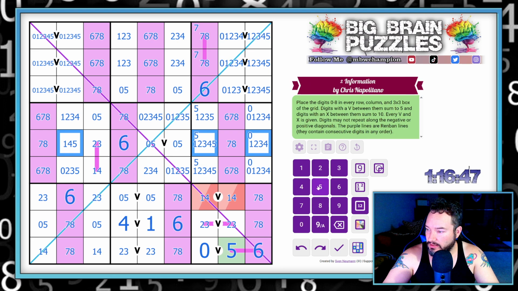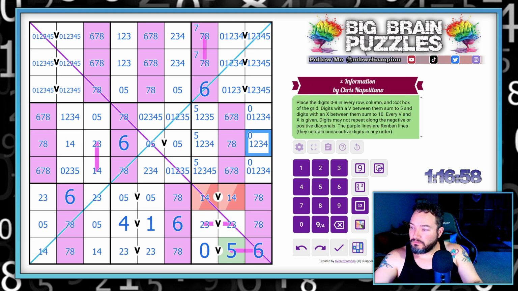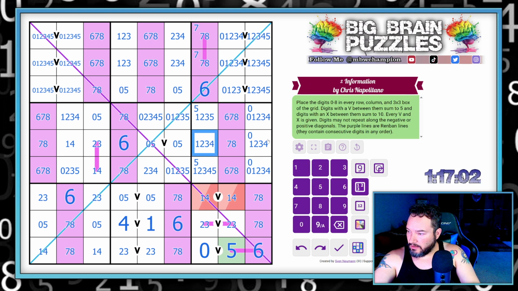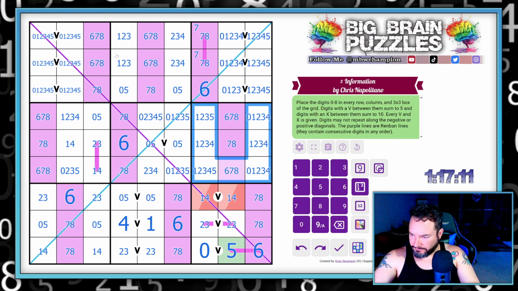So we know that this can't be 0 or 5. Okay, excellent. And then the 1, 4, and the 2, 3, they do have to go here. Okay. This is not a 5. This is not a 0, though. Okay. Which, I guess we don't need those pencil marks anymore.